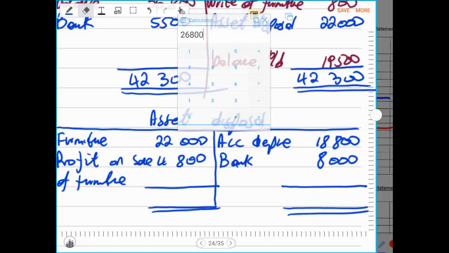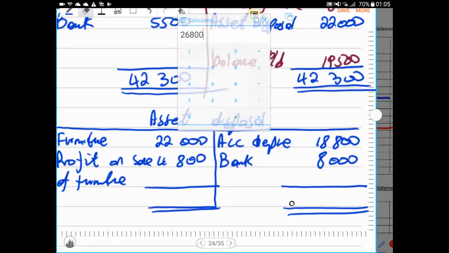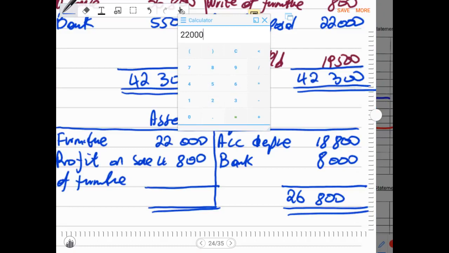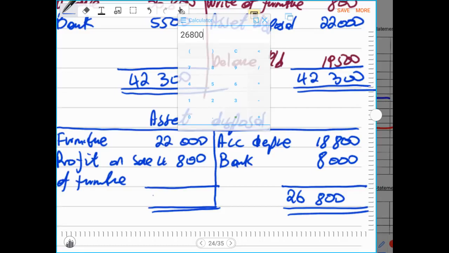Then the total is 26,800. Then the debit side is 22,000 rands plus 4,800. That is the same, 26,800. Exactly what I said, it must be the same on both sides.